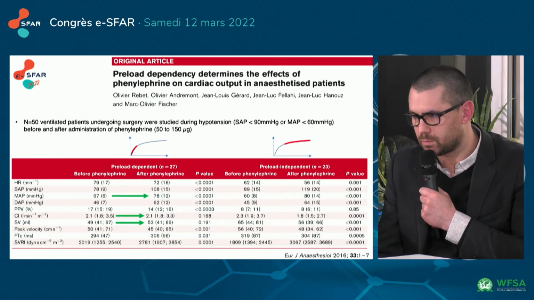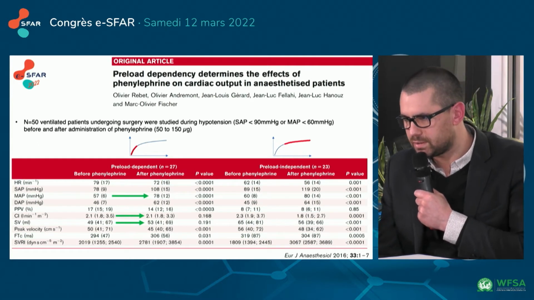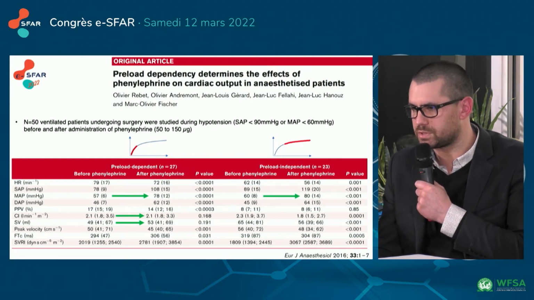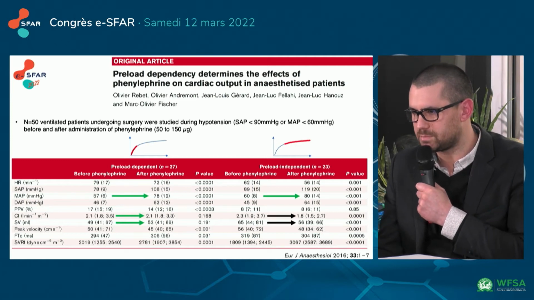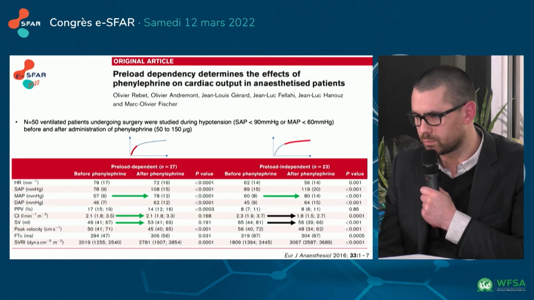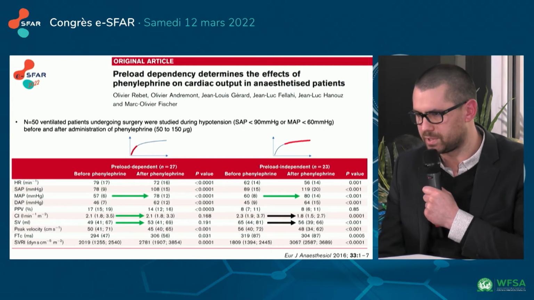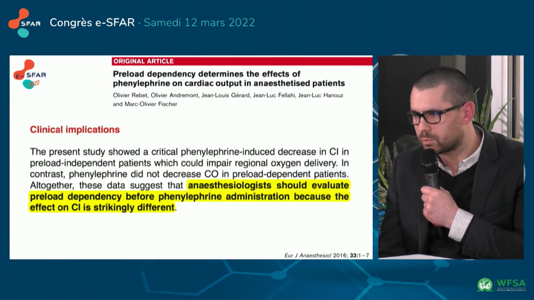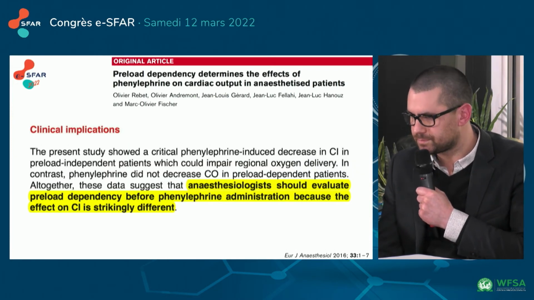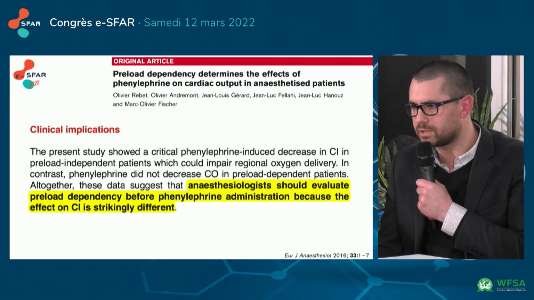On the other side, when you have a patient who is preload independent, as shown here, yes, when you add phenylephrine, you do increase mean arterial pressure, but at the same time, you just decrease the cardiac output and the stroke volume, which might be highly detrimental to your patients. So I fully agree with the conclusion of this paper, which says that you can't use phenylephrine without any cardiac output monitoring tool.